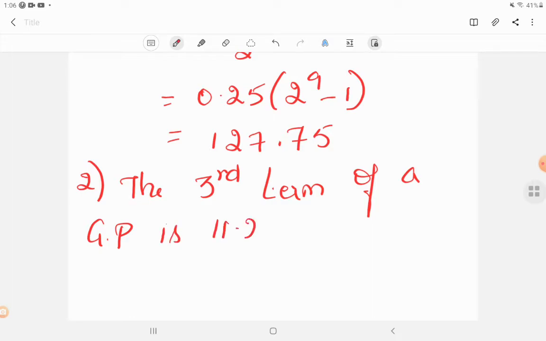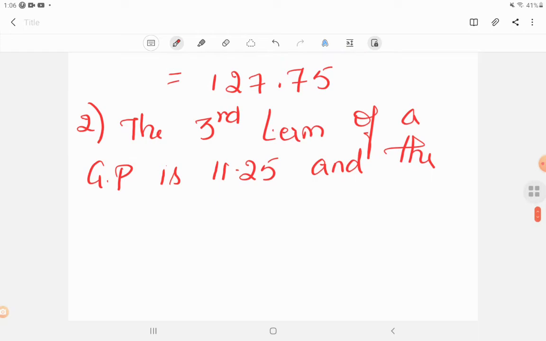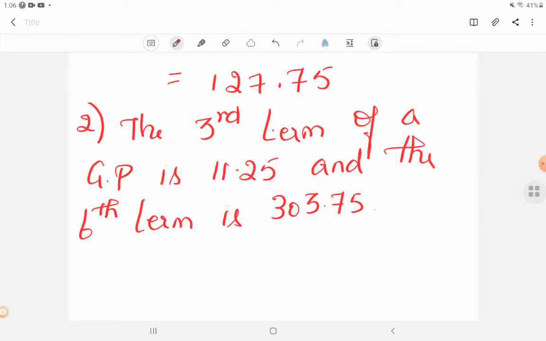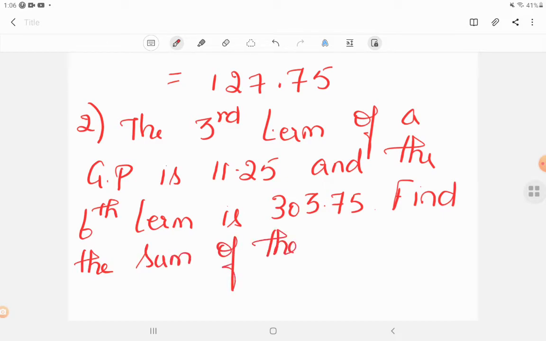So the third term is given as 11.25, and the sixth term is 303.75. So we have 2 terms given here, the third term and the sixth term. So the question is to find the sum of the first 10 terms.